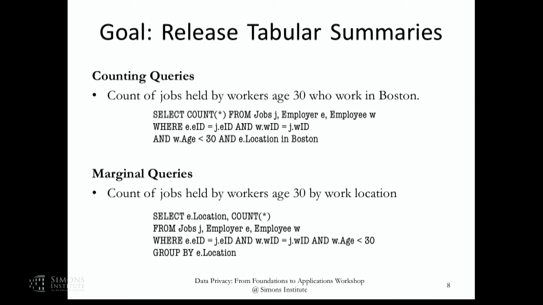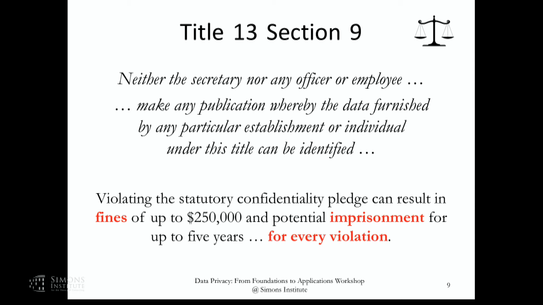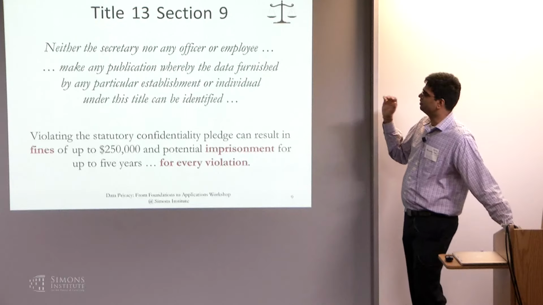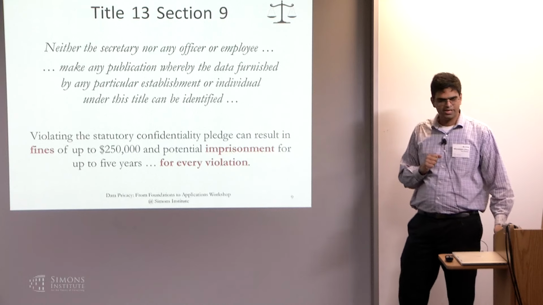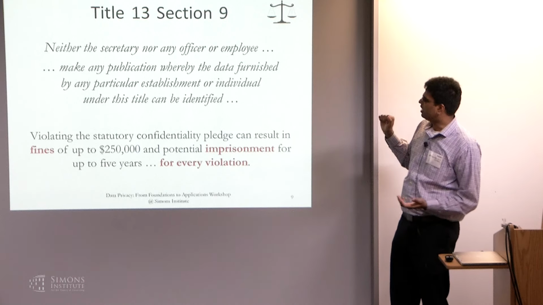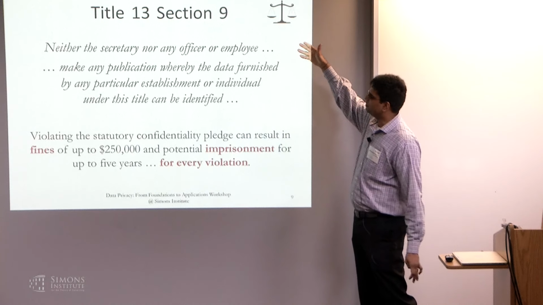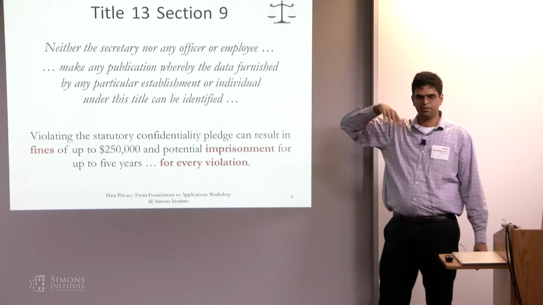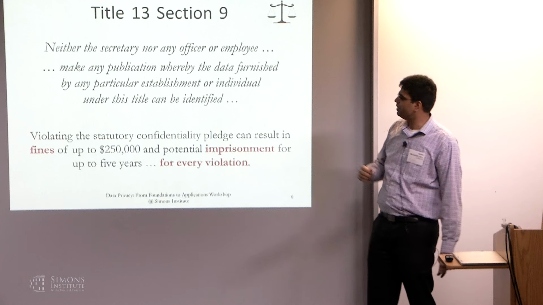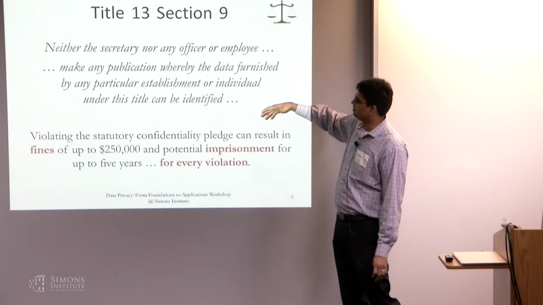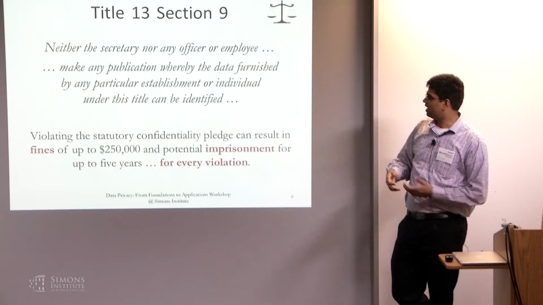So in this piece of work, rather than directly saying, okay, we're going to use something like differential privacy, we said, let's look at what the privacy requirements are. The privacy requirements for the US Census Bureau stem from Title 13, Section 9, which essentially says that whatever data is published by the US Census Bureau should be such that it doesn't identify particular establishments and particular individuals.